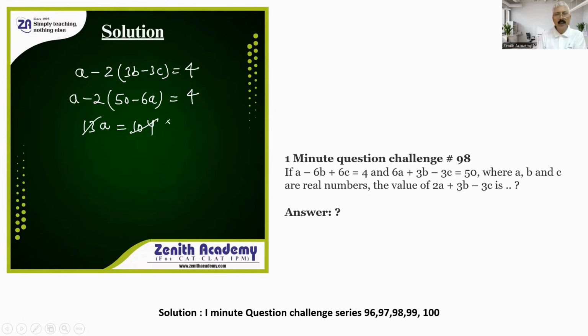So a is 8. Now the question is 2a plus 3b minus 3c. So 2 into 8 plus 3b minus 3c. 3b minus 3c is already calculated as 50 minus 6a, and the value of a is 8. So it is 16 plus 50 minus 48, which is 18. It is our answer.